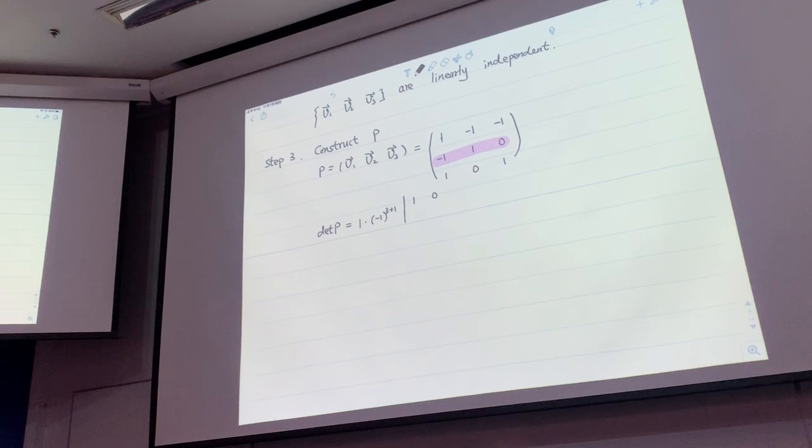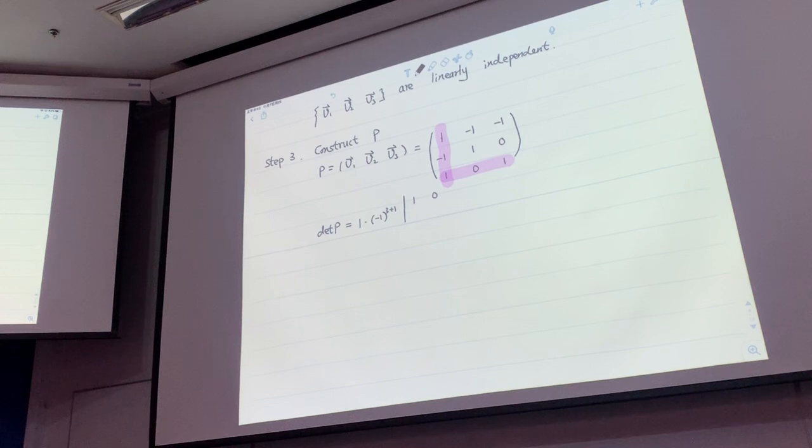And negative 1. Actually, in the lecture notes, I use this row, so I just keep with this row. It doesn't matter too much. So you delete this row and this column.